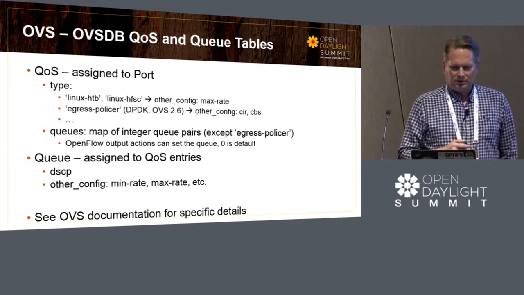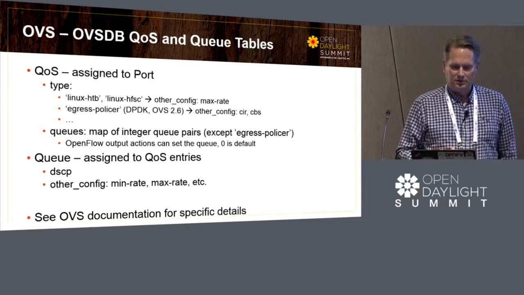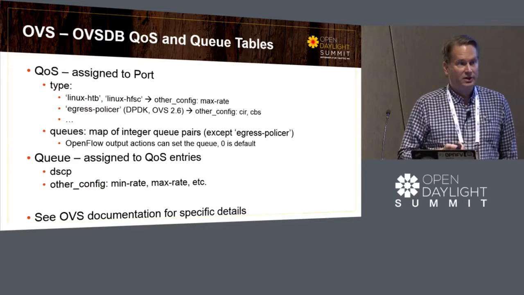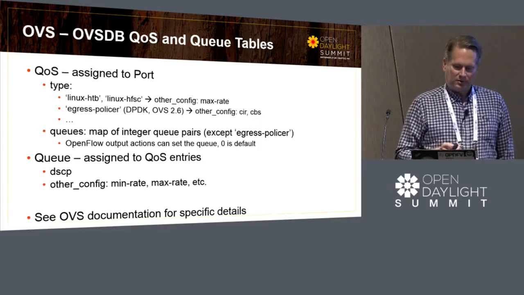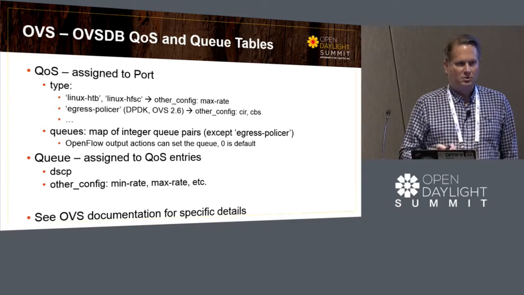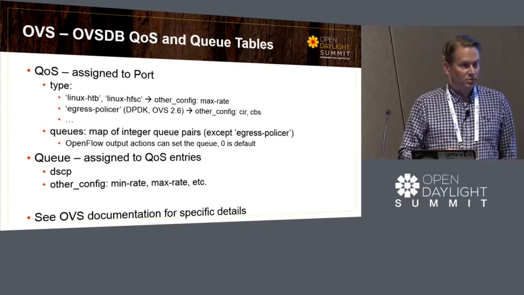In the queue table is where the attributes of specific queues in OVSDB are defined. Included is a DSCP value. And then the other config column is where you define things like minimum rate, maximum rate. I think both Linux HTB and HFSC support both of those.